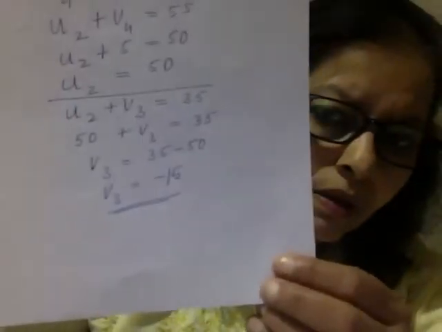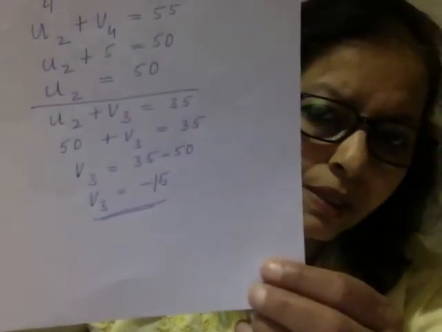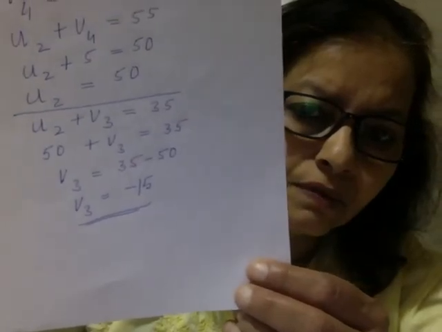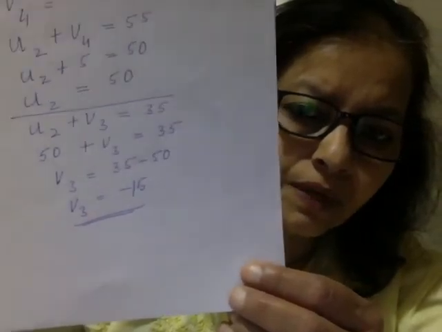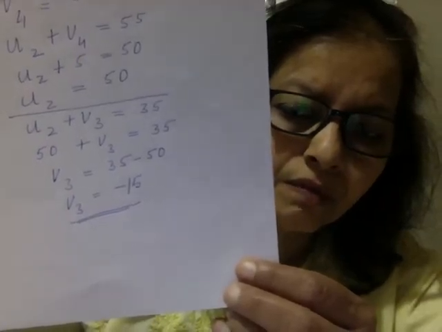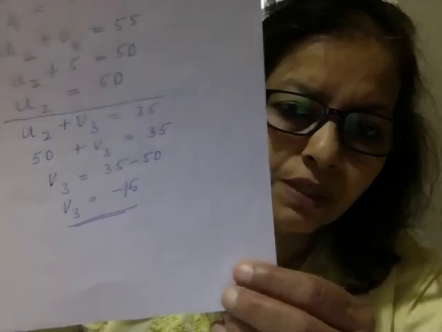V3 is equal to 35 minus 50, so V3 will become minus 15. Now we know V3 as well.